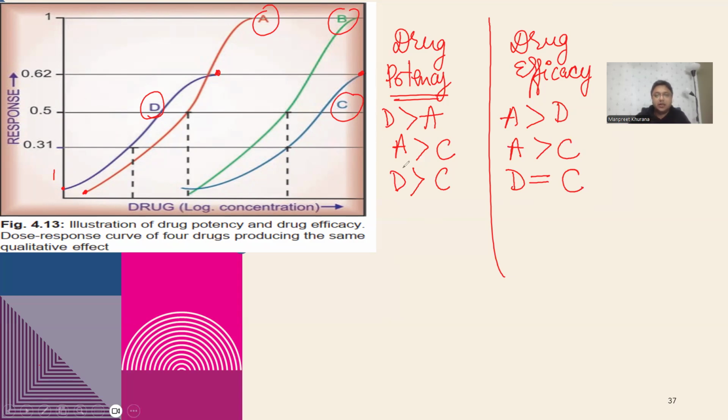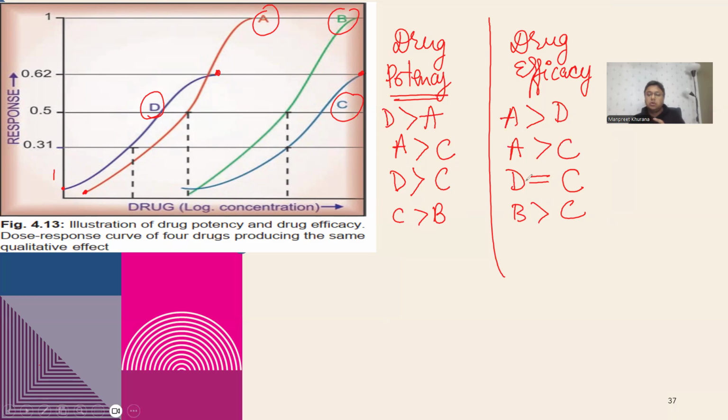Now, if we take the comparison between drug B and C, right? C is more potent than drug B, but drug B is more efficacious than drug C, right? So C is more potent than B, but B is more efficacious than C.